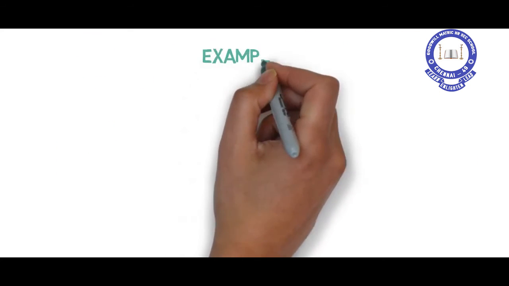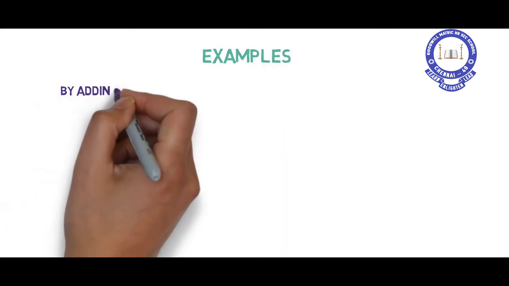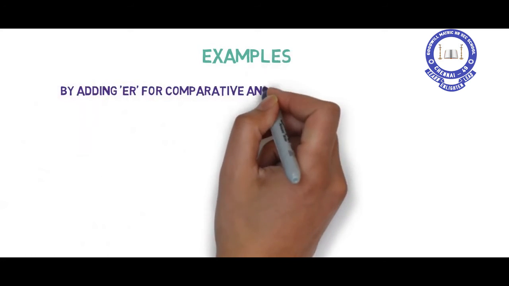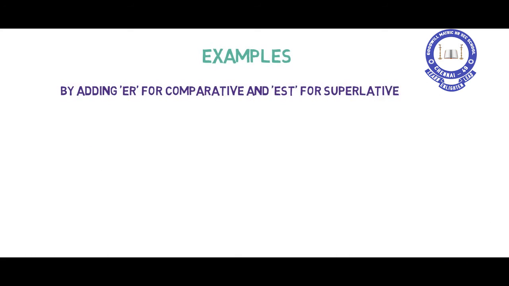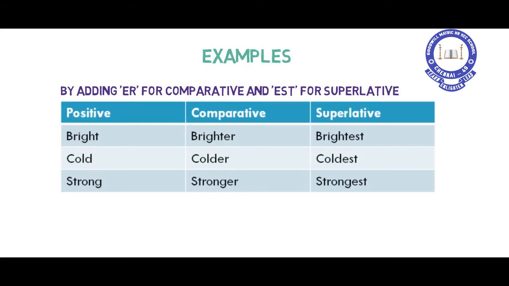Now let's see the example, children, by adding ER for comparative and EST for superlative. Example, bright, brighter, brightest, cold, colder, coldest, strong, stronger, strongest.